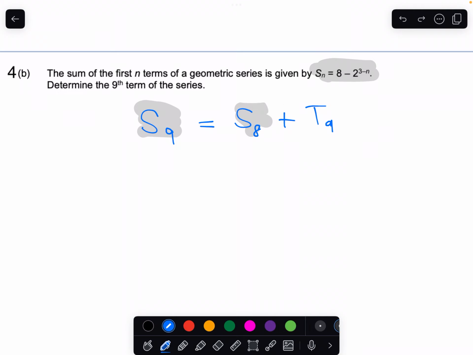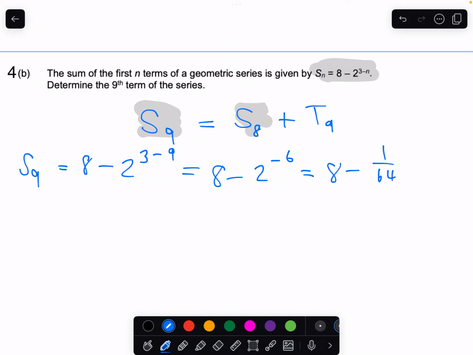So S9 is equal to 8 minus 2 to the 3 minus 9. So it's 8 minus 2 to the minus 6, which is 8 minus 1 over 64, which is 7 and 63 over 64.